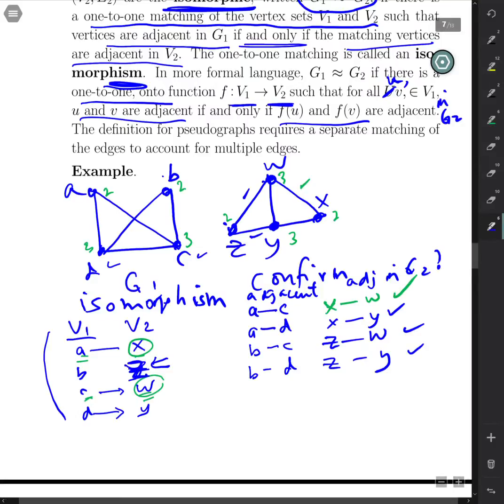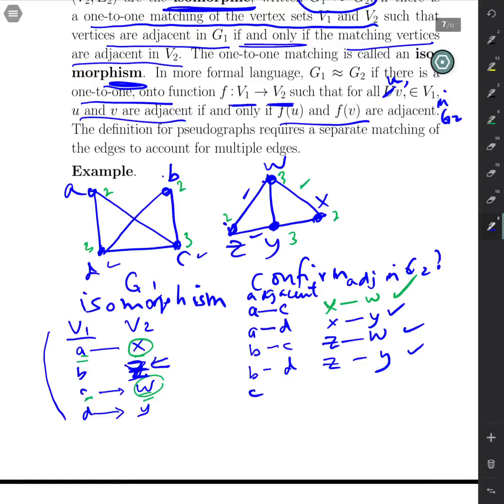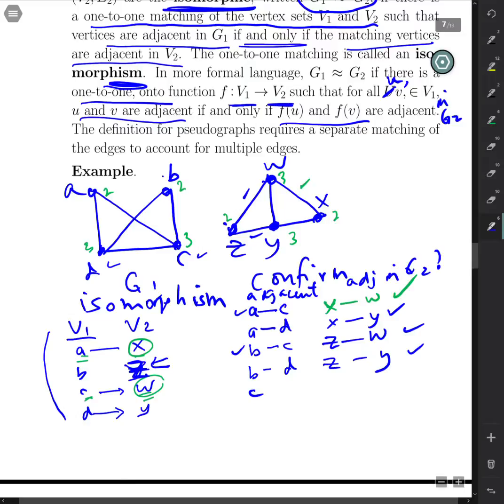So that brings us to C. C matches up to A and B, but we've already dealt with those. So let's go down to C matches up to D, and that would be W and Y. Do W and Y match up? Well, sure they do. That's this edge right there. So they do match up.